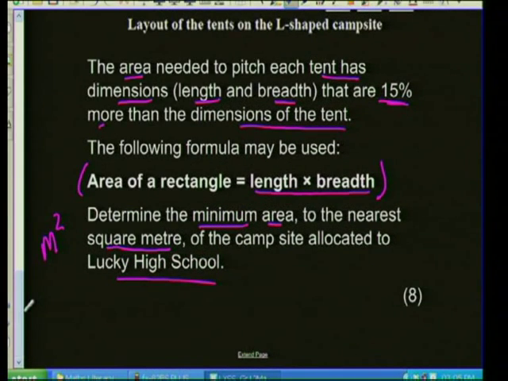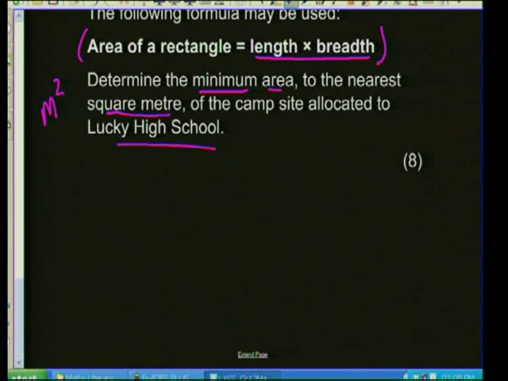Now I want to know the minimum area of the campsite. So I need to work out each tent. My dimensions of my tent, remember, were 2.4 by 1.8 meters. For me to allocate this, I needed to increase it by 15%.